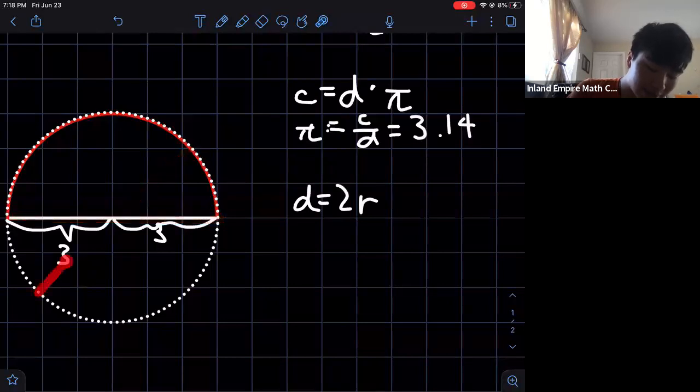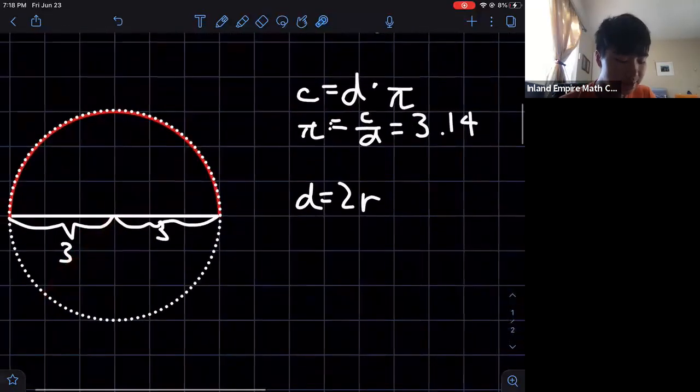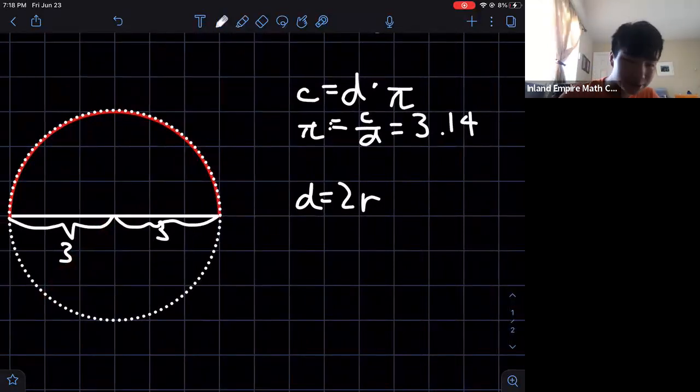The diameter, since it connects opposite points, passes through the center. With 2 points on either side of the center, the distance from the center to either of those points is r. Since we have 2 of those lengths, it is going to be 2r. That is why the diameter is equal to 2 times the radius.